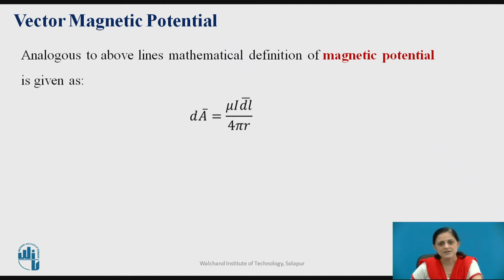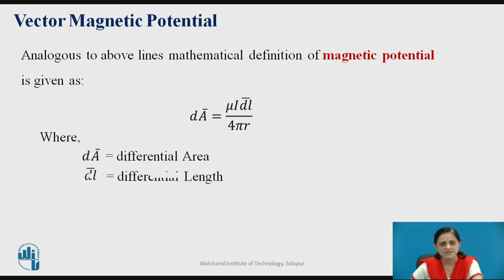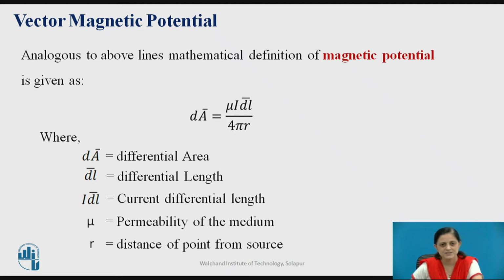So the mathematical equation for the magnetic field potential is given by dA bar is equal to mu I dl bar upon 4 pi r, where dA bar is the differential vector potential, dl bar is the differential length, and I dl bar is the differential current length, also known as the differential current filament.